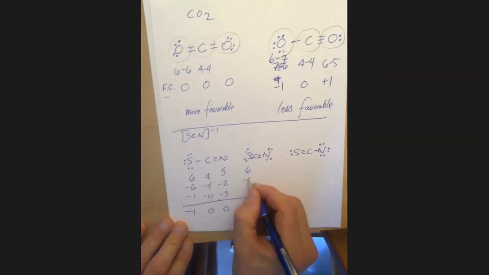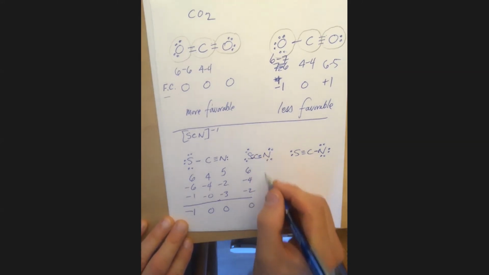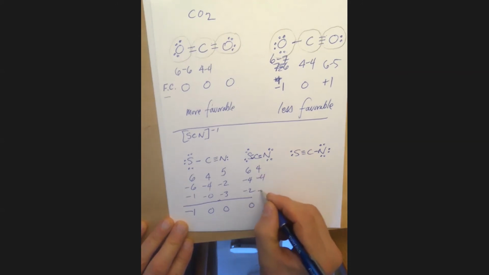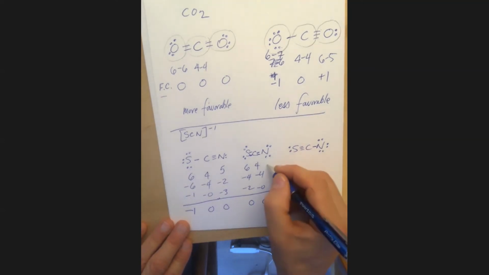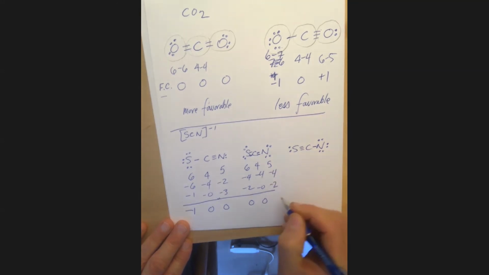And so then we do this sulfur, 6 minus 4 minus 2 gives us 0. Carbon has 4, so that's 4 minus 4 minus 0 gives us 0. And here is 5 minus 4 minus 2 gives us minus 1.